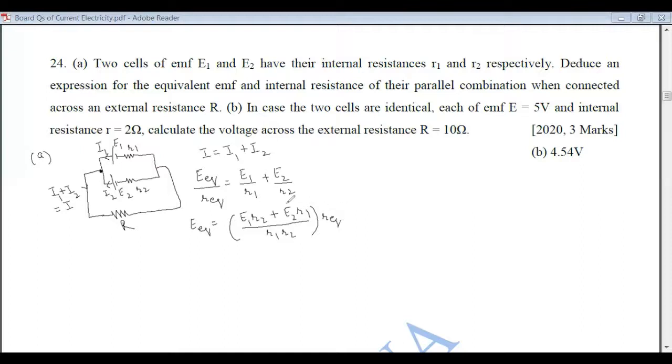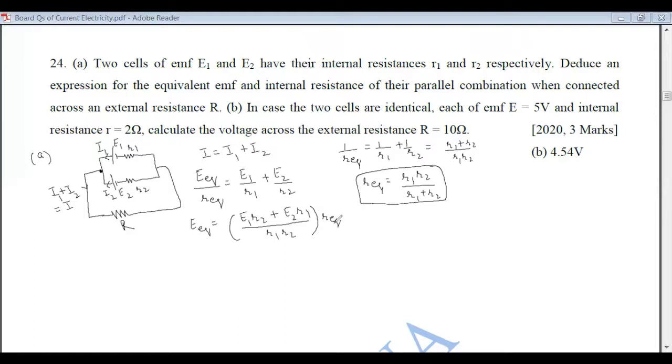Now first let's find out the equivalent of these two internal resistances as they are connected in parallel. So 1 upon R equivalent is equal to 1 upon R1 plus 1 upon R2. Let's take the LCM R1 into R2 and the numerator is R1 plus R2. Hence R equivalent is R1 into R2 upon R1 plus R2. This is the expression of the equivalent of internal resistance of the two cells.